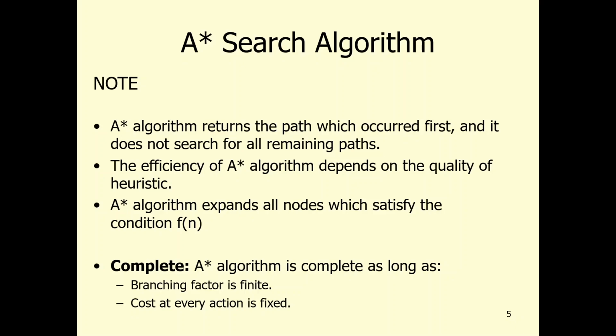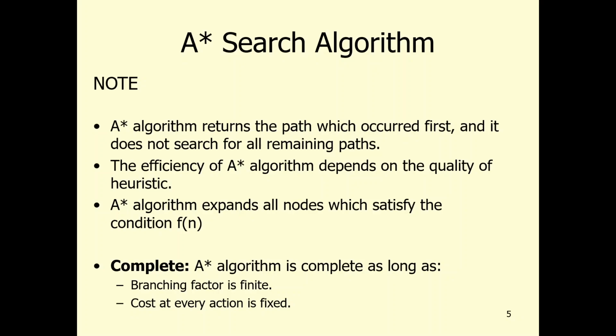The efficiency of A-star algorithm depends on the quality of the heuristic. A-star algorithm expands all nodes which satisfy the condition on f of n. A-star algorithm is said to be a complete algorithm as long as its branching factor is finite and cost at every action is fixed.